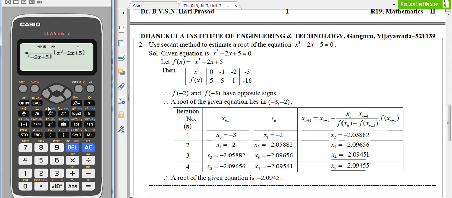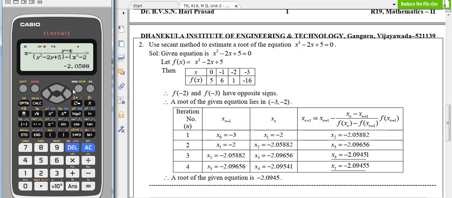So on getting this in the calculator, you press the calculate key, and then it asks for x and y values. For the first iteration, x value is to be given as minus 3 and y value as minus 2. So minus 3 and then press equal to, and then give y value as minus 2 and then press equal to 2 times, and you will get the expression value as minus 2.0588.